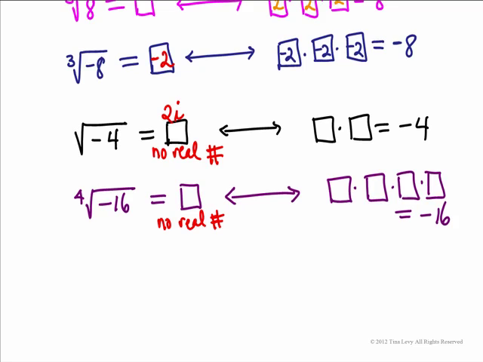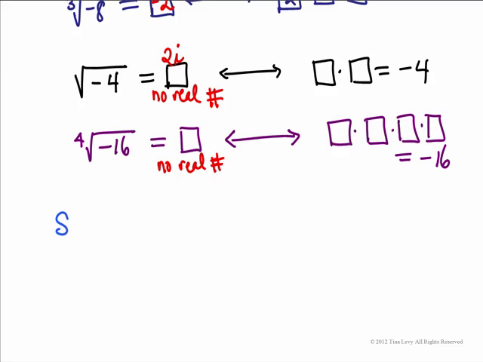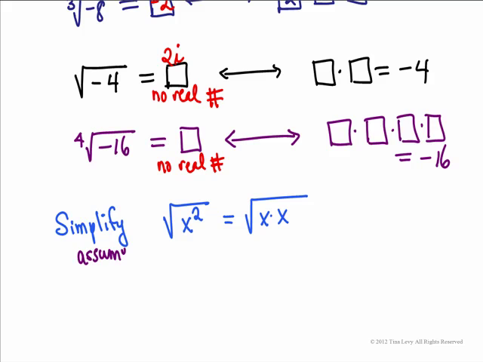We're going to now look at another example. If I said simplify square root of x squared. If I think of this, this is square root of x times x. In this problem, if I say assume x is any real number, looking at this, we'd say, oh, there's a pair of x's, so out comes an x.